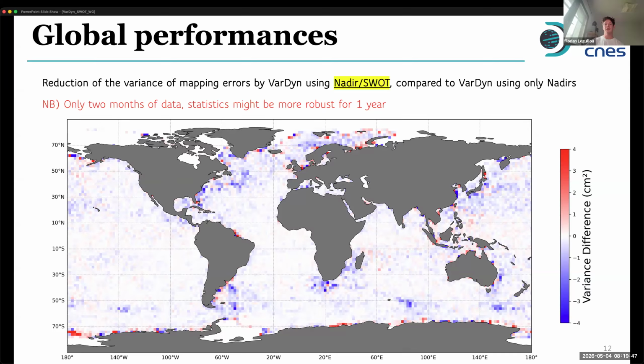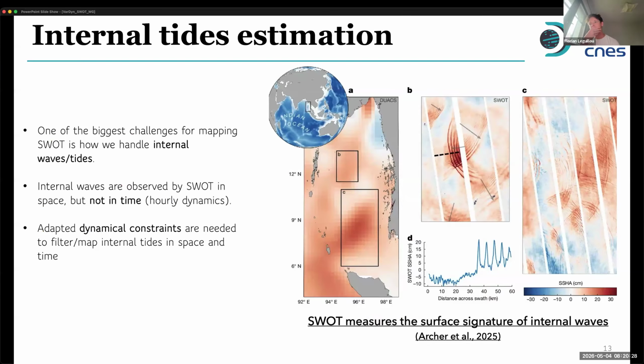The statistics will be more localized, and I really expect a good improvement in the western boundary currents and maybe a lower improvement in the low variability regions, and especially in regions like here or here or here where you have strong internal tide dynamics, because SWOT is able to observe this internal tide dynamics, but it's not taken into account with the QG system in VarDyn now. So actually, that's my transition to the next section.